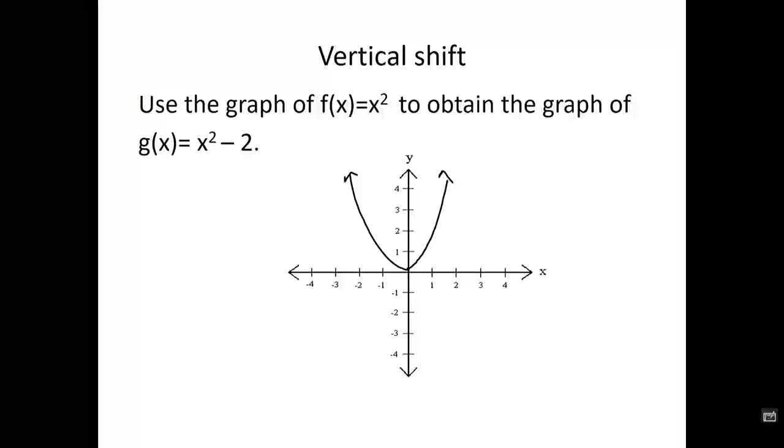To obtain the graph of g of x, we're going to shift the graph of f 2 units downward. That's the downward translation, 2 units downward. So 1, 2.